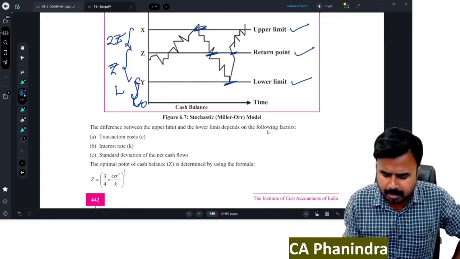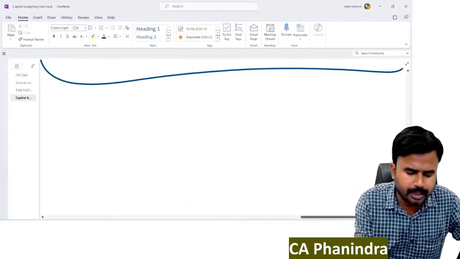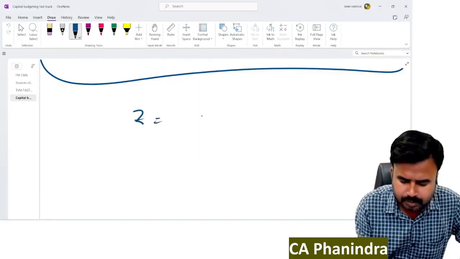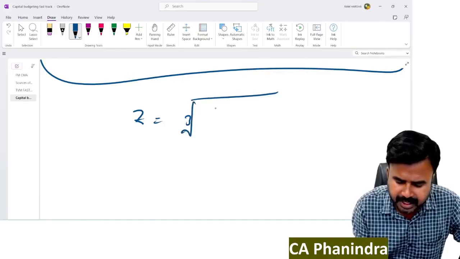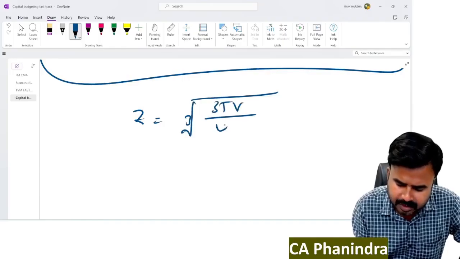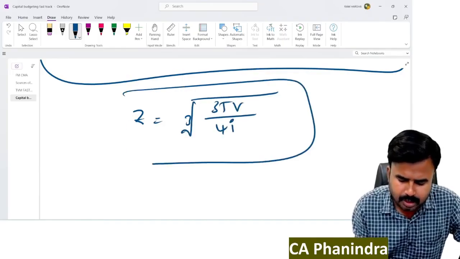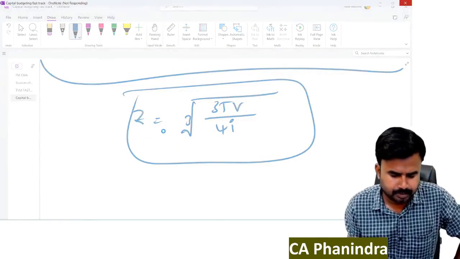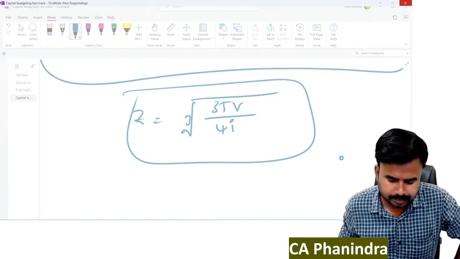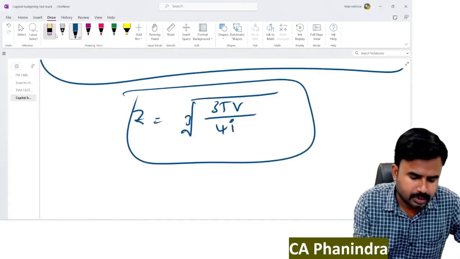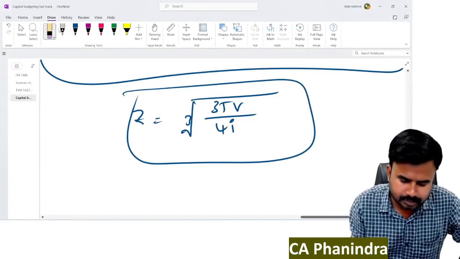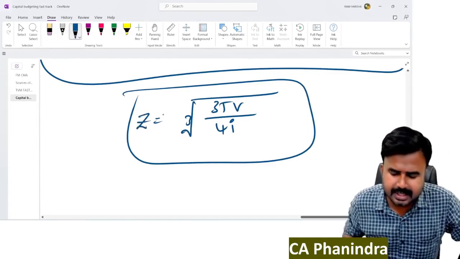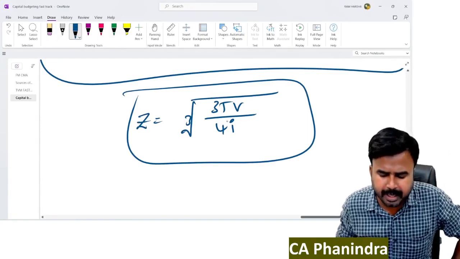So we have a formula for this Z. I'll tell you. Z is equal to cube root of 3TV by 4I. This is a formula you must remember. So what is the formula for Z? Z is equal to cube root of 3TV by 4I.